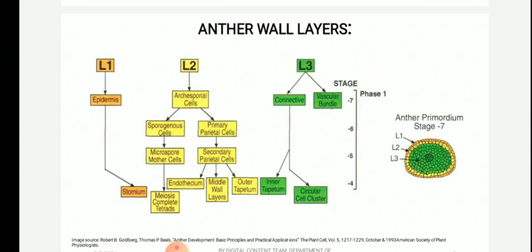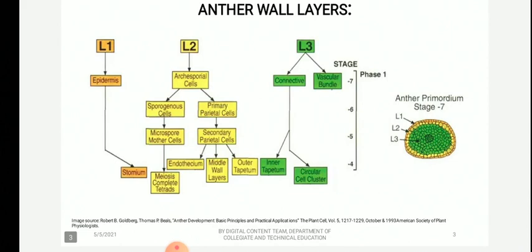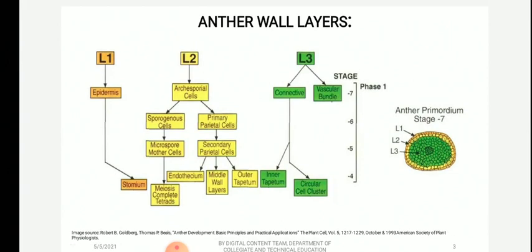In the beginning, anther primordia will emerge from the stamen, and that anther primordia will have a homogeneous mass of cells. In that mass of cells, 3 layers differentiate: L1, L2 and L3. The L1 differentiates into epidermis, and then some part of the epidermis becomes stomium during the dehiscence of the mature anther.